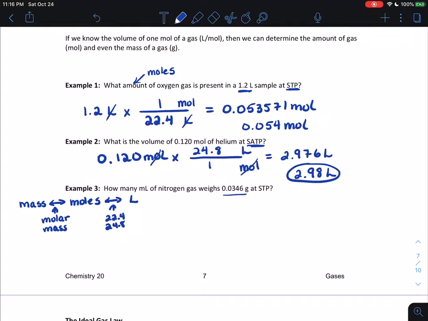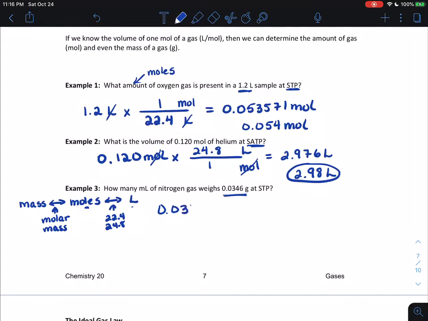So I can go back and forth with that. By being given a mass, I can use the molar mass to find moles, and then use the moles and 22.4 in this case to find the volume. So it's a two-step problem.